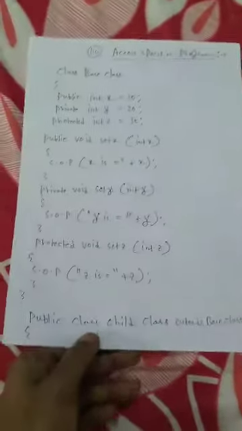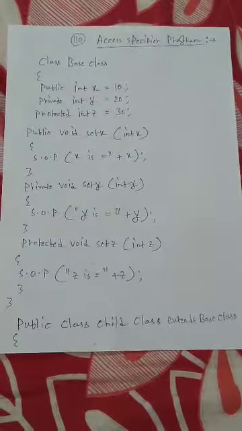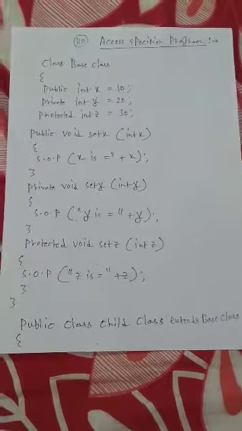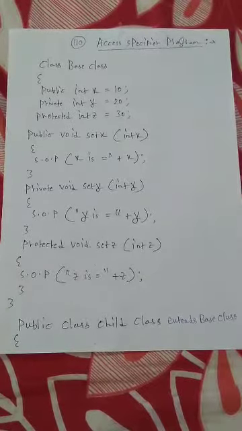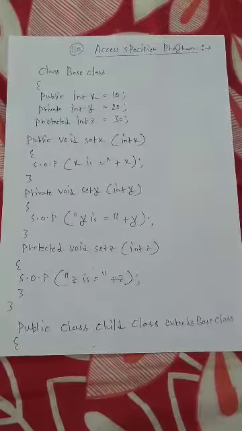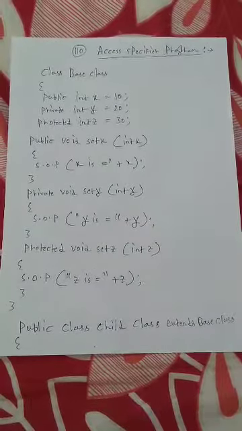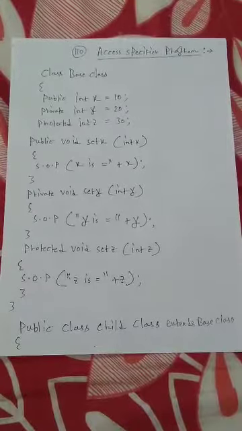So if we discuss all the access specifiers in a single program, then a class Base class will be taken. Here one public int data member will be taken and assigned 10, and a private one will be taken, assigned 20, and a protected one will be taken, assigned 30.